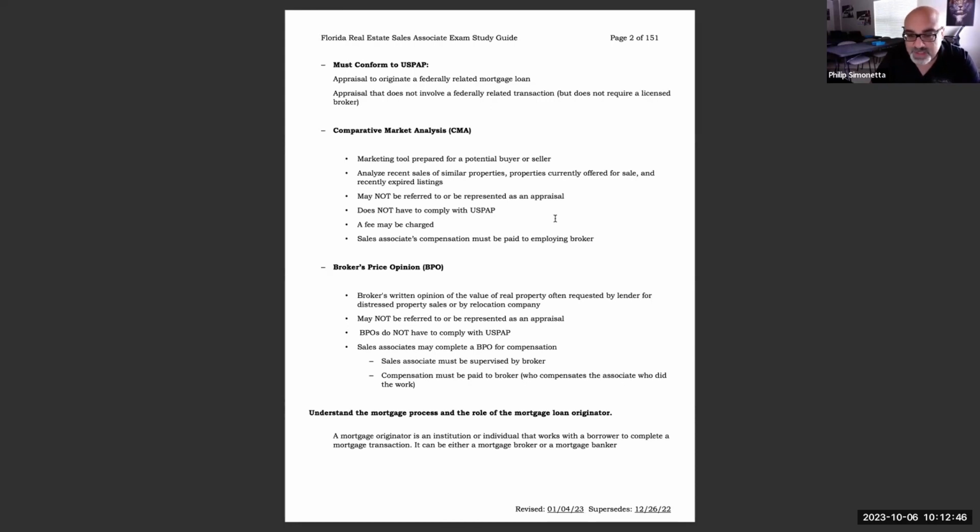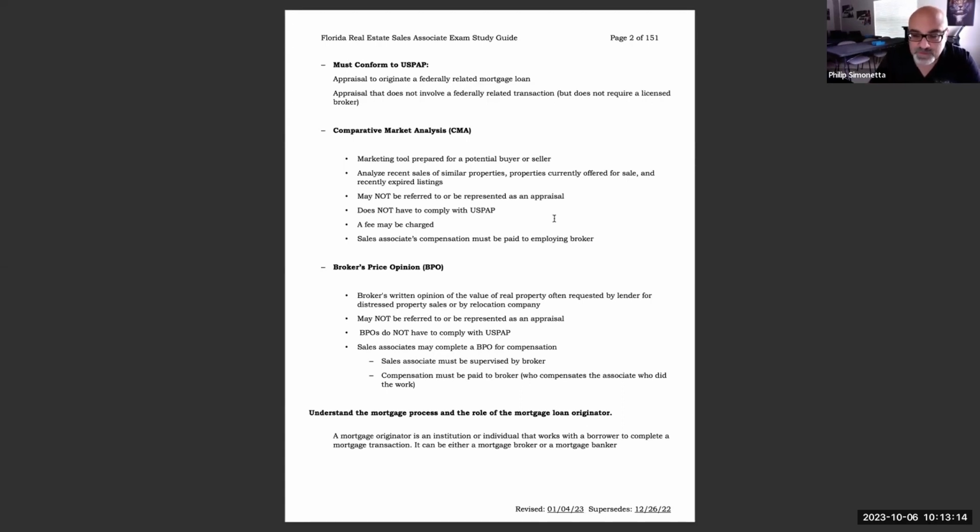Again, this may not be referred to or represented as an appraisal. BPOs do not go on the USPAP form and do not comply with the USPAP standards. Sales associates may complete a BPO for compensation. However, the sales associate must be supervised by a broker and signed off by the broker. Compensation must be paid to the broker, who then compensates the agents or associates who did the work.